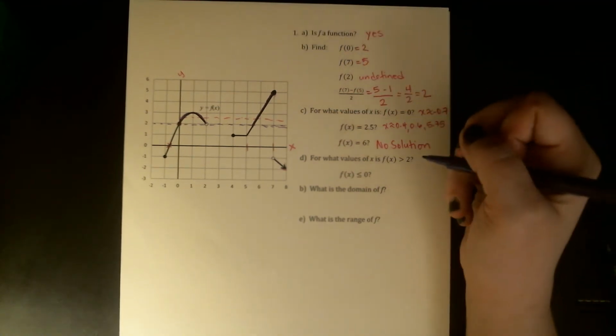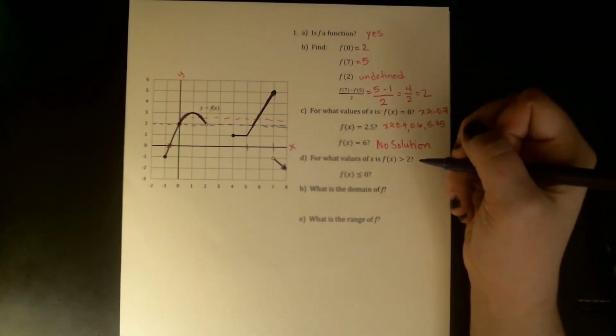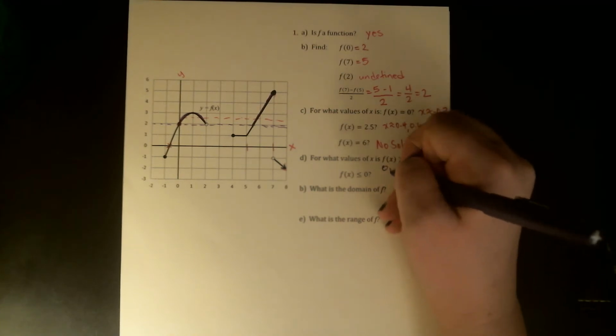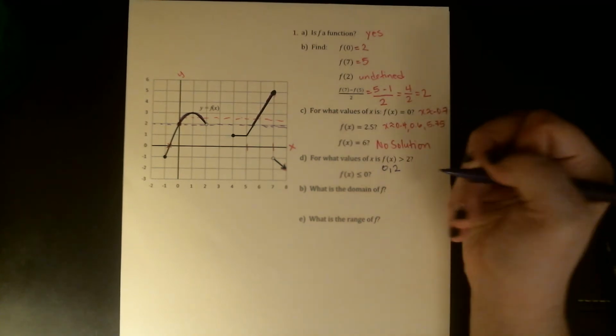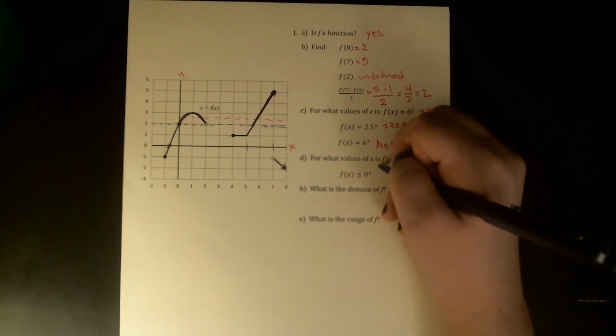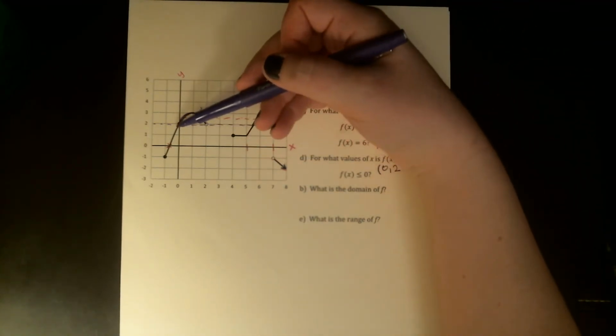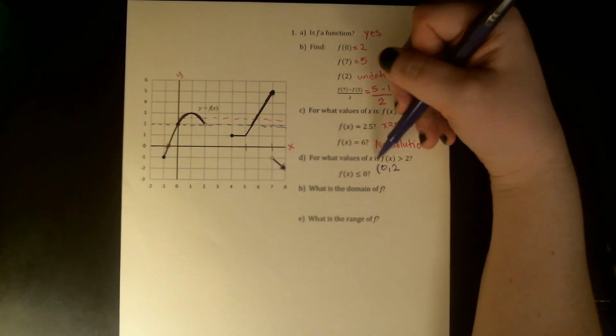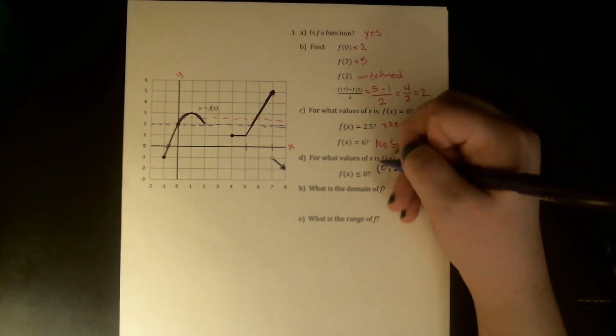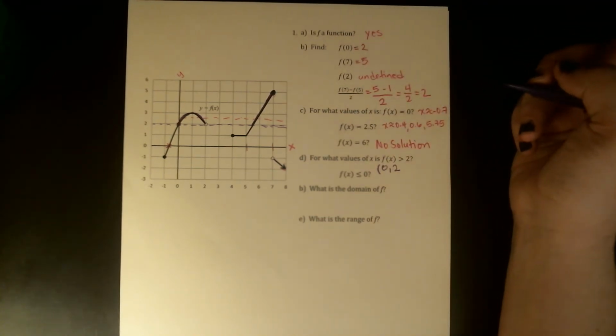So interval notation, you always want to go smallest to largest. So my first interval is 0 to 2. I do not want to include x equals 0 because when x equals 0, y is exactly equal to 2, and I specifically asked for y is bigger than 2. So round bracket's going to leave out x equals 0.